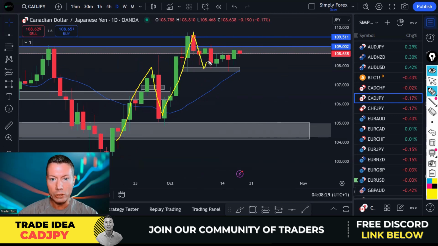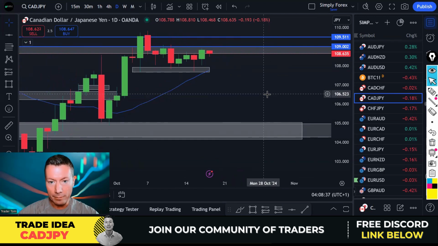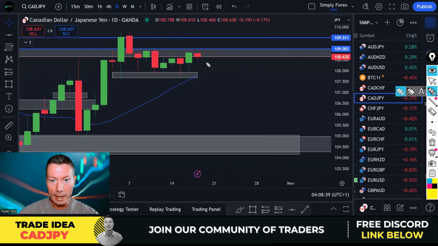And then price has just sort of ranged a little bit like Canadian dollar Swiss franc. We find ourselves in a bit of a range. And again, because of this bullish candle, all I'm looking to do is take price to the top of the range, this level here and this 109 level, but also potentially leave some profit on the trade to take it back up to these last highs as well. All right, so there's my direction.